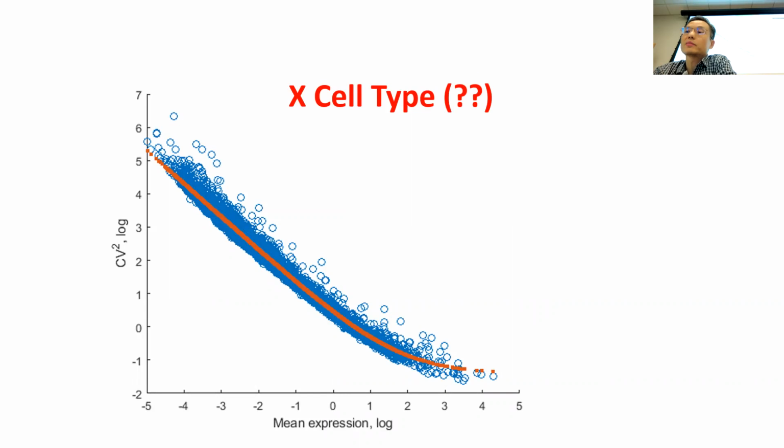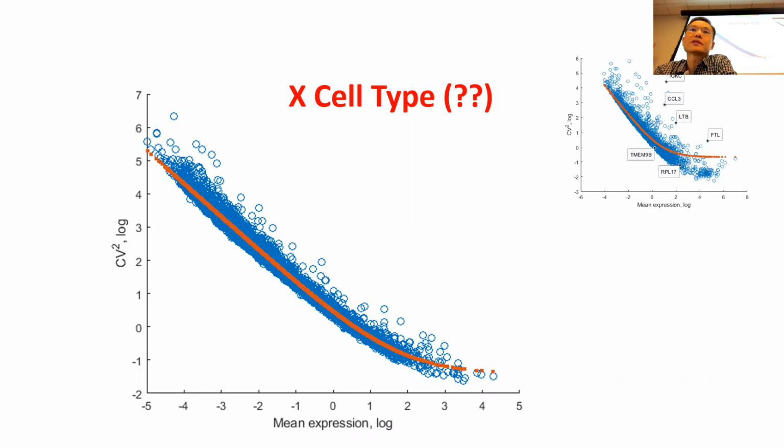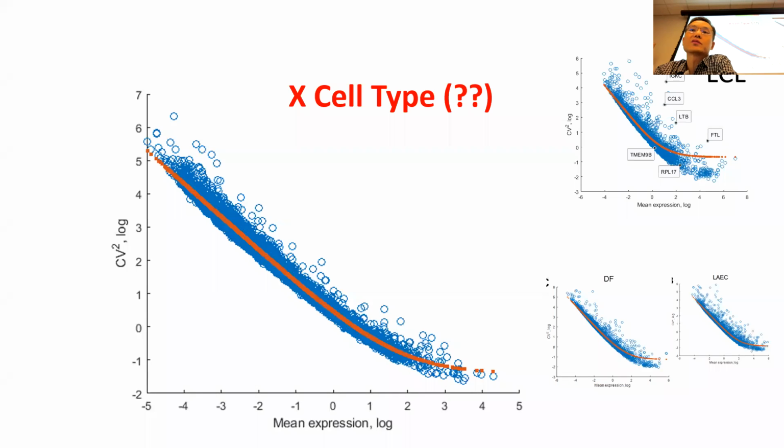Well, for the cell type I just mentioned, here is the mean versus log-transformed CV scatter plot. You can see that for this particular group of cells, the feature is that no highly variable gene can be detected in this population. So the picture looks very different from an LCL, from dermal fibroblasts, from a lung epithelial cell.